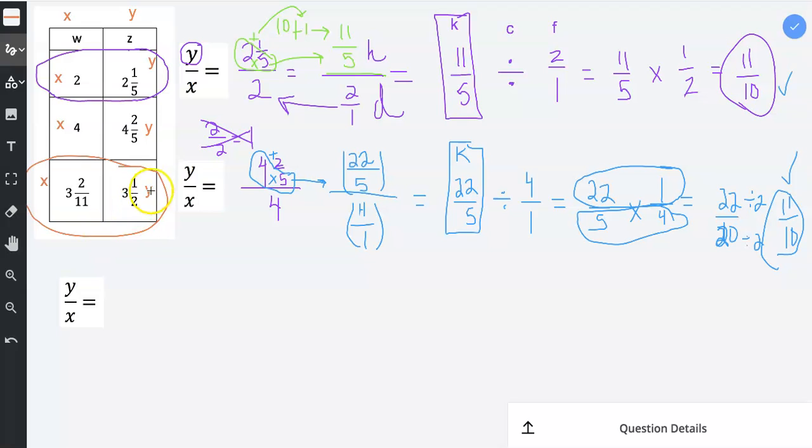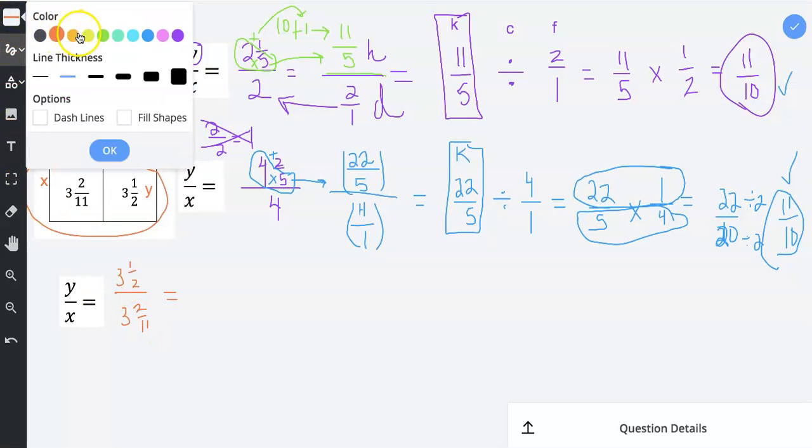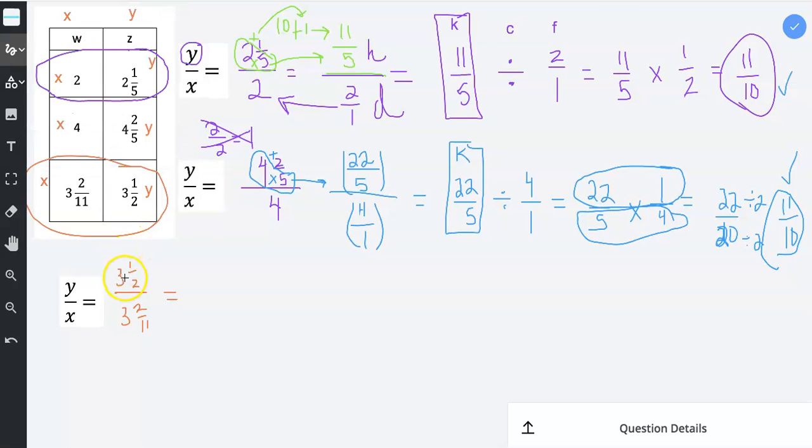All right, so we have the y value is 3 1/2, and the x value is 3 2/11. Step 1, you change each of these to fractions. So we're going to multiply the 3 by the denominator 2 and get 6.